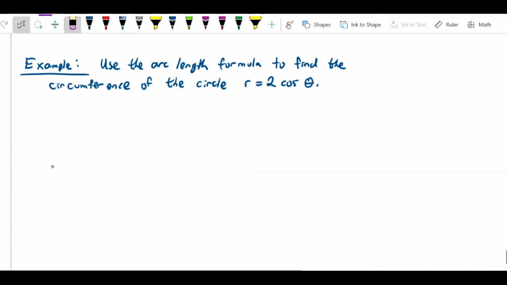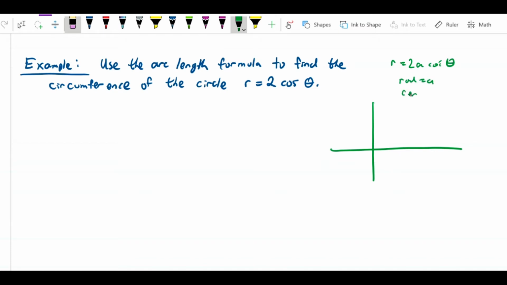Let's use the arc length formula to find the circumference of the circle r equals 2 cosine theta. Okay, so what is this circle? I've already talked about in the chart how a circle of the form r equals 2a cosine theta has radius a and center (a, 0) on the x-axis.